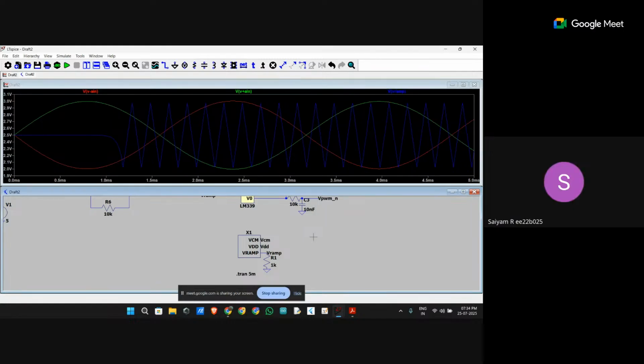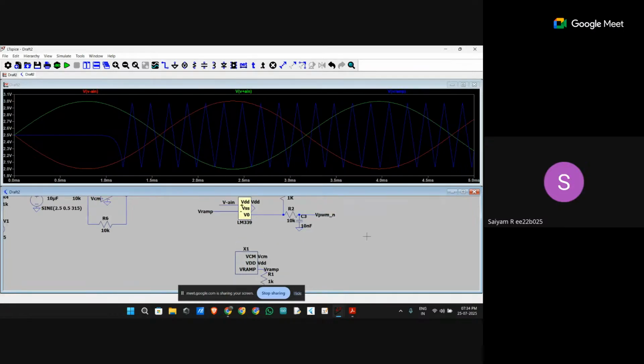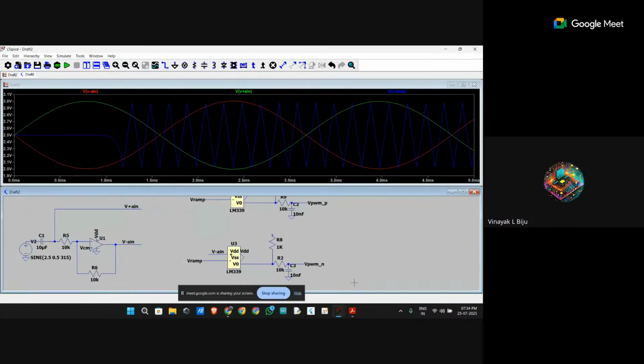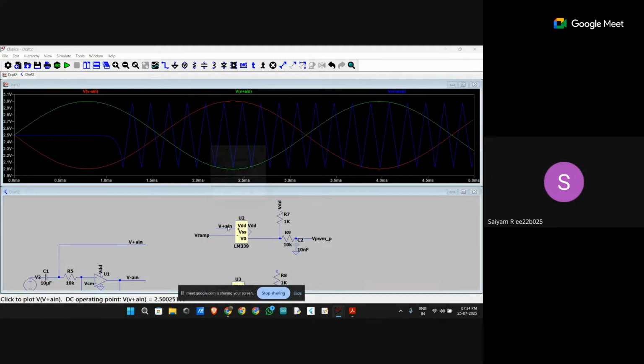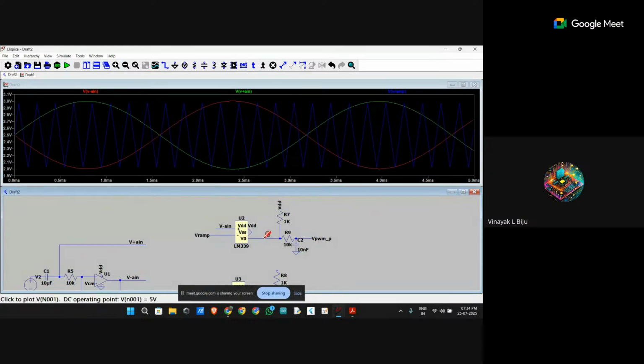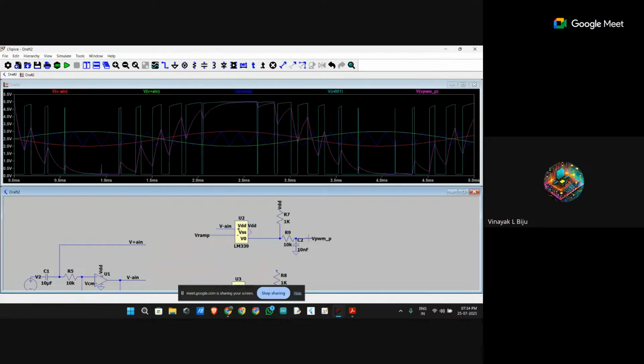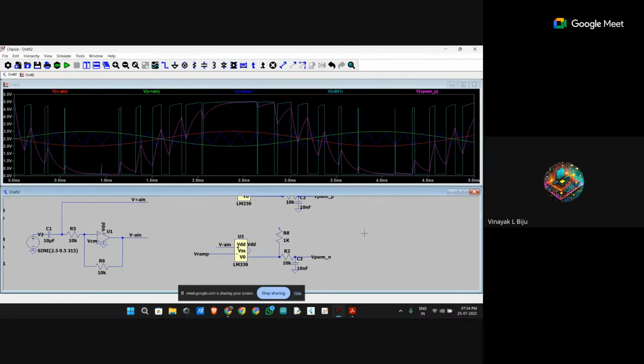So those signals are correct, but your comparator is not working. But if I change the input to minus, then it is working. The output of the low pass filter is also fine for the first comparator. For the second comparator, it is not working when I connect the VDD.